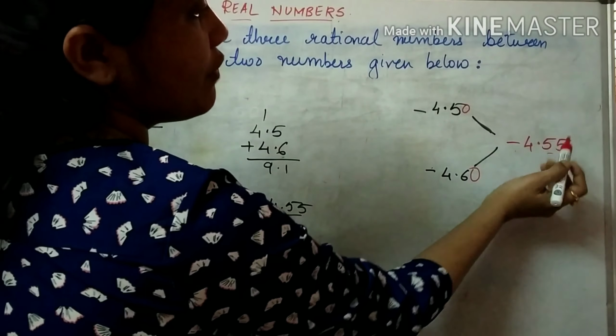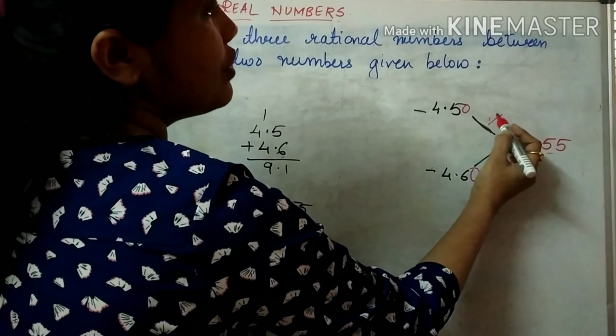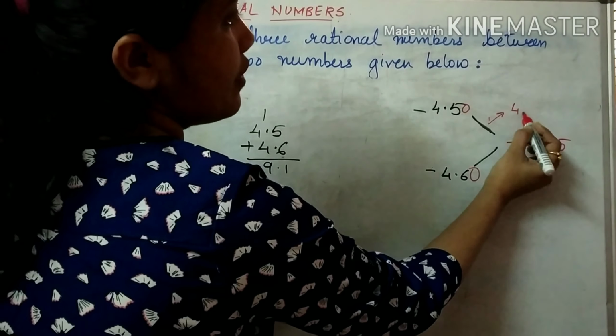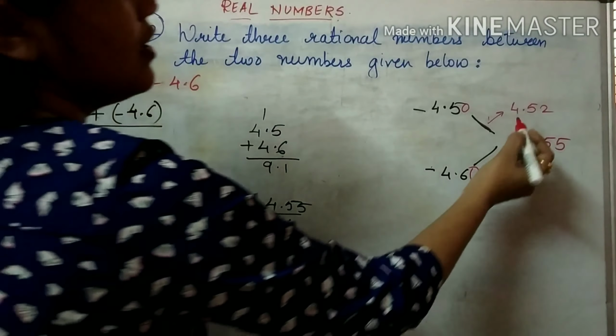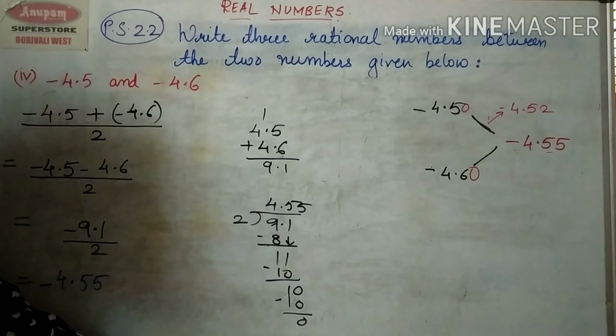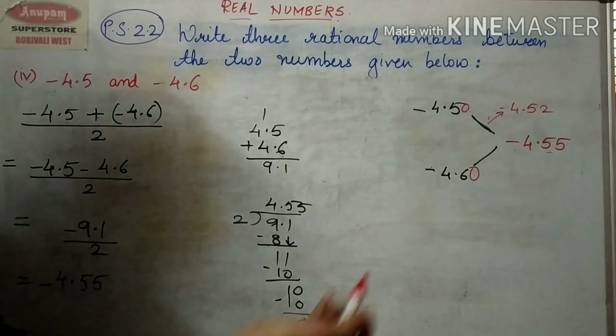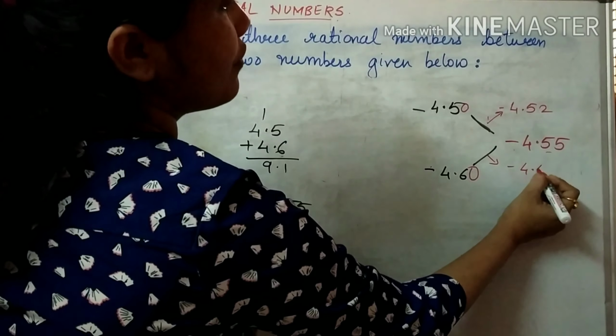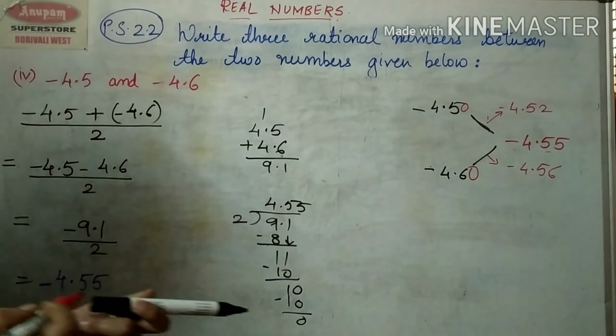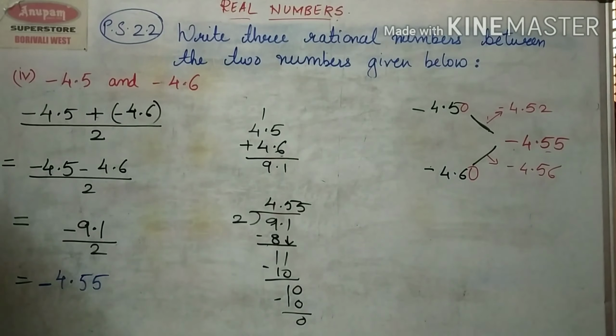So in between 0 and 5, you can write down any number whichever you wish to. So I'll write down say 4.52. You can write down 4.51, 4.52, 4.53, 4.54 like this. Now out of 55 and 60, I'll write down any number of my choice, say 4.56. So these are the three numbers which are lying between the two given numbers.